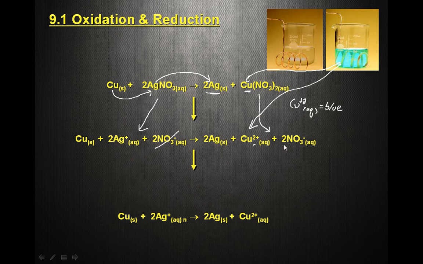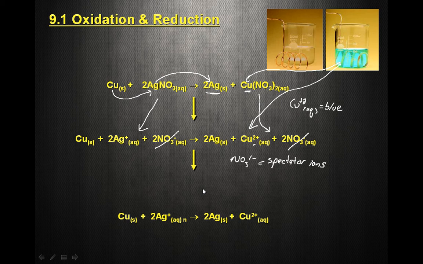We call those spectator ions. So NO3 1 minus is what we call a spectator ion. And they're just not involved in the oxidation reduction process. And so what we're left with is this, which is just the things that are involved in the oxidation and reduction.